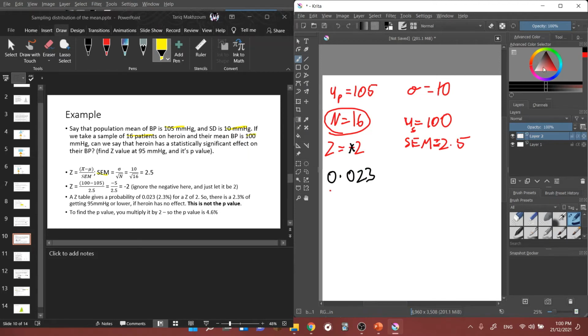Right, now what this means is, on the graph for the sampling distribution, so this is our population mean of 105, this is our sample mean of 100, the probability of getting 100 or lower is 0.023.